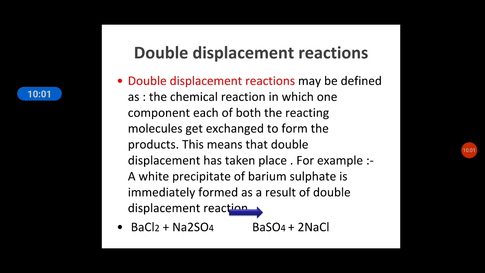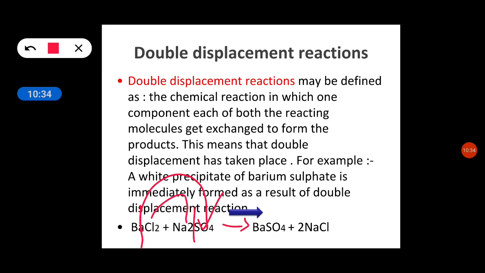Now see here, barium chloride BaCl2 plus Na2SO4 gives rise to BaSO4 and NaCl. Here BaCl2 dissociates, Na2SO4 dissociates. Ba reacts with sulfate, barium sulfate is formed.